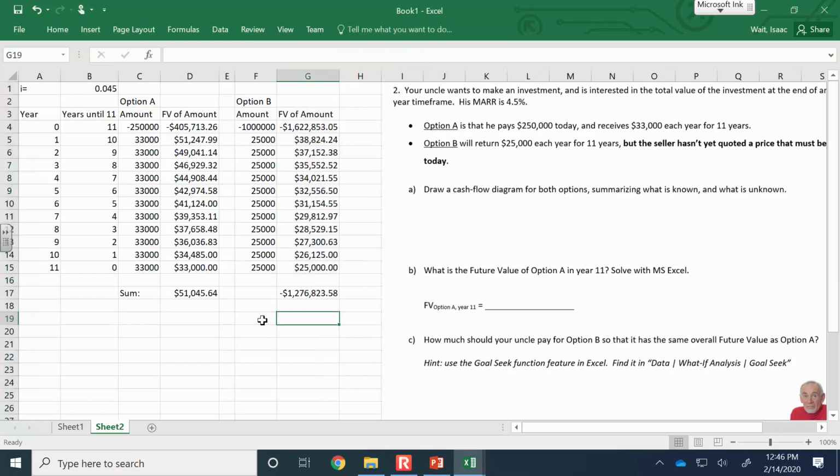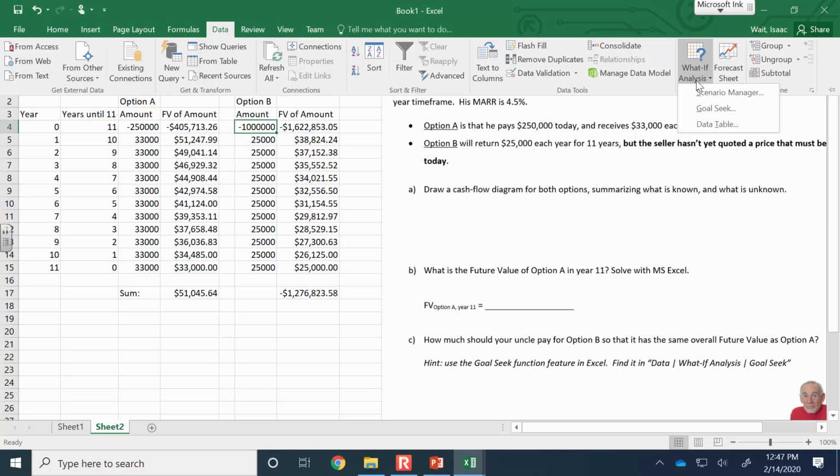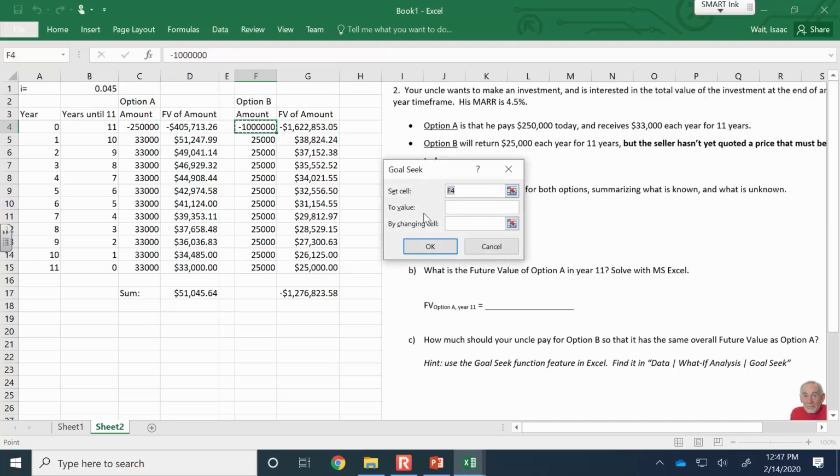So the easy way to do it is data, what-if analysis, goal seek, and then our objective is that we want this, which is the sum of the future values, to be the same as the 51,045.64 that we saw as the sum of option A future values. And then we're telling it that it can change the amount that is in this cell, which is the initial purchase price for option B.